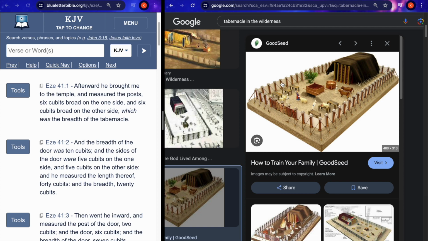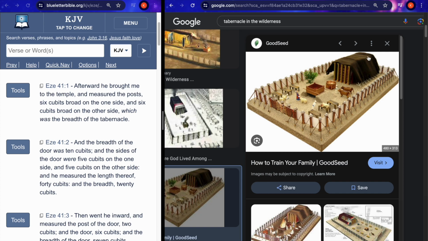But the point here is, with this tabernacle, which was how it was designed in the wilderness, you could see that outside you first had this outer wall, right? And then you had the court out here where the sacrifices would take place. You had the altar of burnt offerings, and that would be here. And I believe there was another altar of incense within. And if I remember correctly, this was the holy place, where you would actually enter.